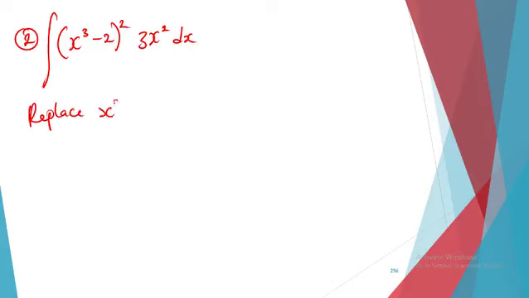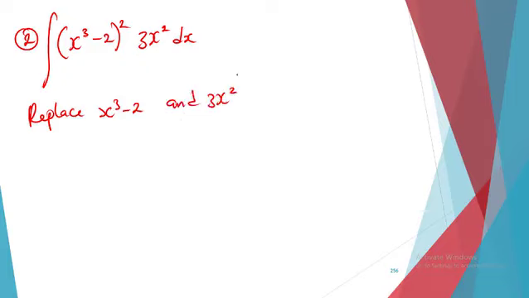Let's take number 2. Assuming we are given the integral of (x raised to power 3 minus 2) raised to power 2 into 3x squared dx. Looking at this, we need to replace x cubed minus 2, and then 3x squared.